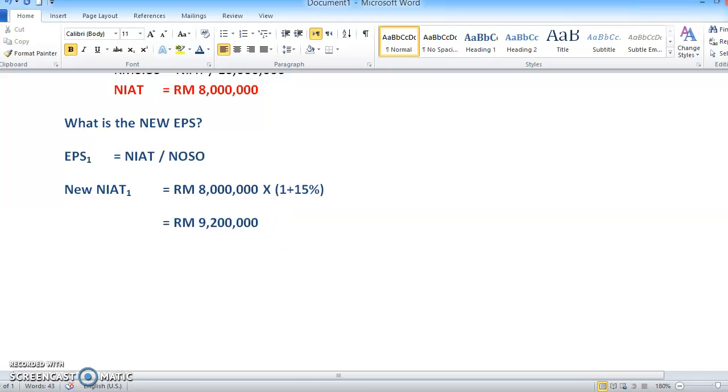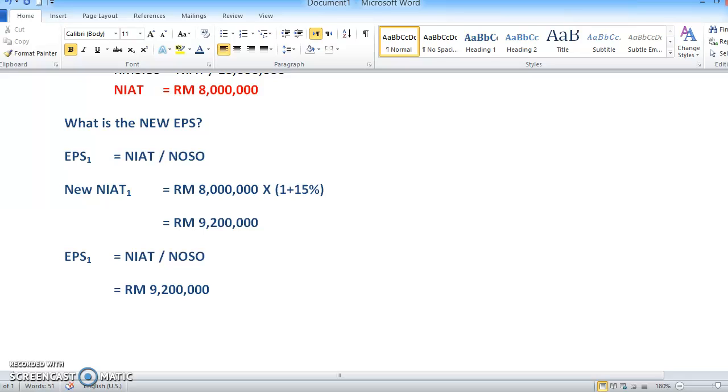Okay, so right now, since we already have the new net income after tax, so we can use this one. Okay, so kita nak cari this one, EPS 1, right? So kita dah ada new net income after tax, which is RM 9,200,000, kan?